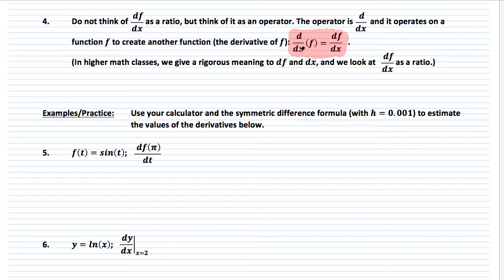So if I write d dx of f, that is the same thing as taking the derivative of f with respect to x. So right now, just think of d dx as a new operation, like multiplying or dividing. And that operation is the derivative of something.